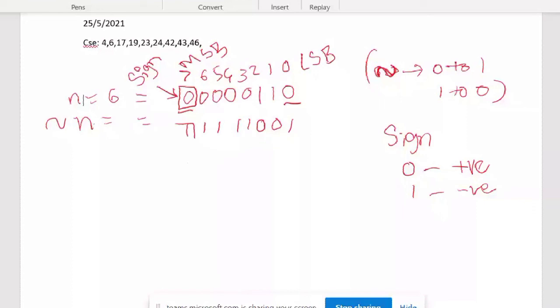Did you get my point? Yes, sir. So whenever you give a positive value the answer is a negative value.